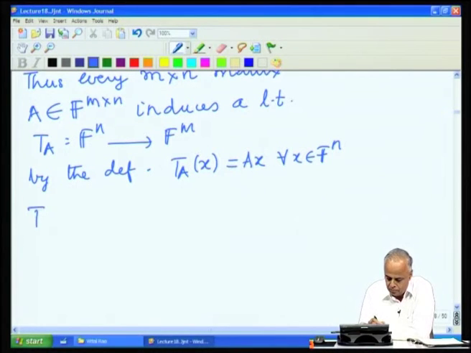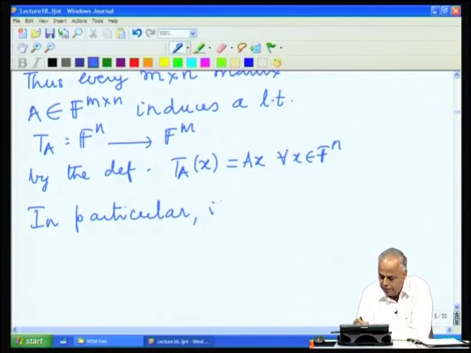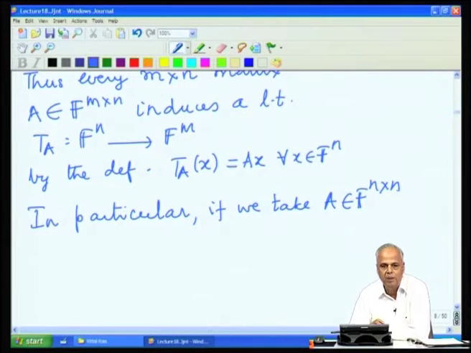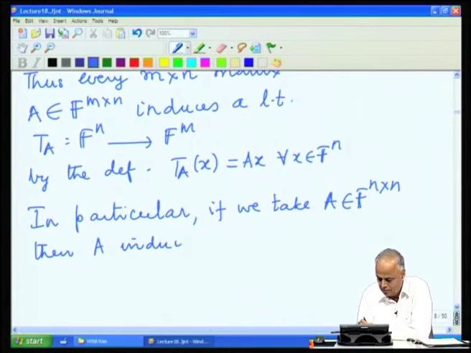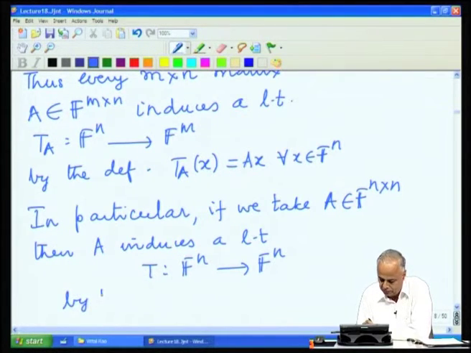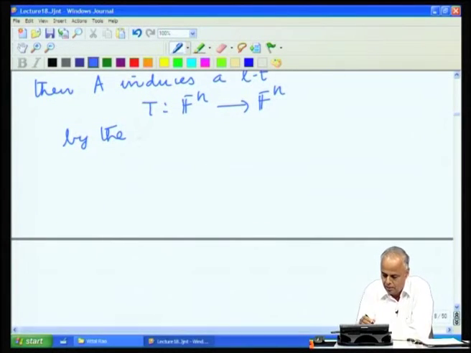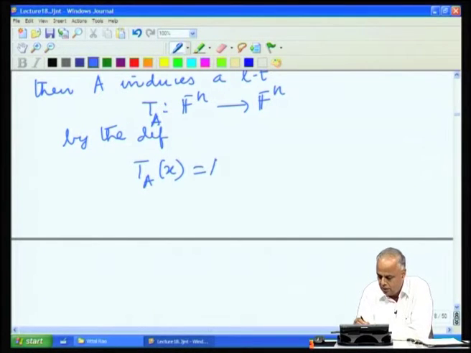In particular, if we take A to be an n by n matrix, now in this case m equal to n, then A induces a linear transformation T from Fn to Fn by the definition TA x equal to Ax for every x in Fn.